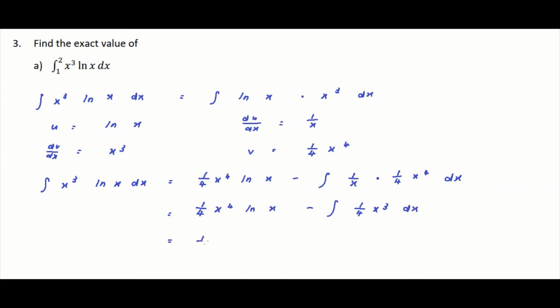Okay, so solve it. Here you will be able to get 1 over, divide by 4 again. So that's why plus c. Okay, so until you get your last answer, only then you put in your limit. So that will be much easier. So the integral from 1 to 2 of x cubed ln x dx. Now only you try to substitute.